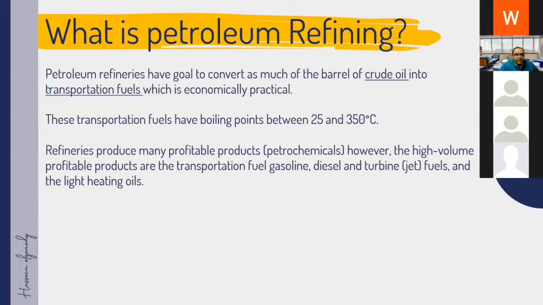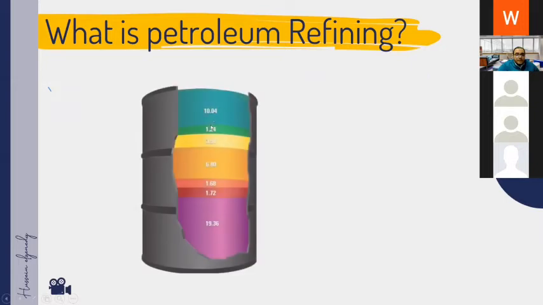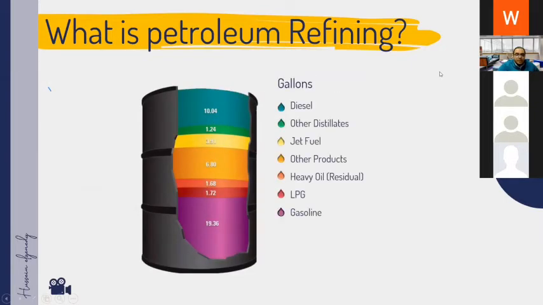Transportation fuels have a boiling point ranging from 25 to 350 degrees Celsius. Okay, so let's check how much transportation fuel is taken from one barrel of oil.